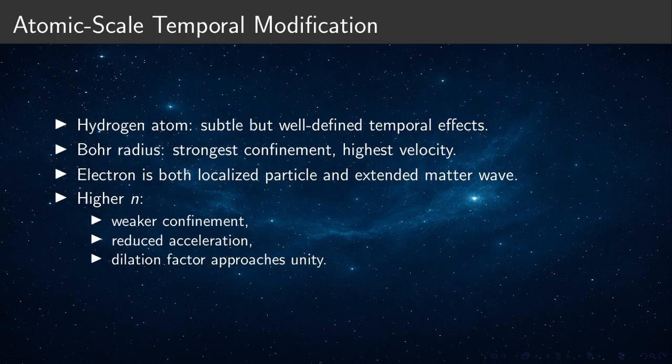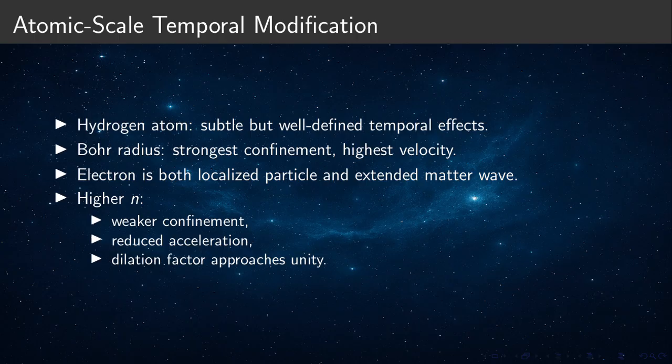At the scale of the hydrogen atom, this effect is subtle but mathematically well defined. The Bohr radius represents the minimum stable orbital scale, where electrostatic confinement is strongest and electron velocity is maximized.